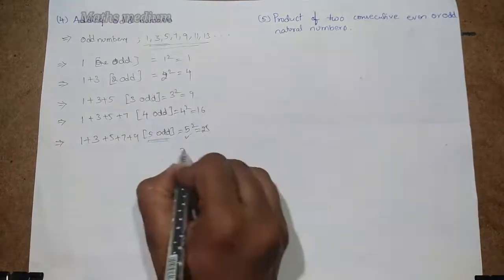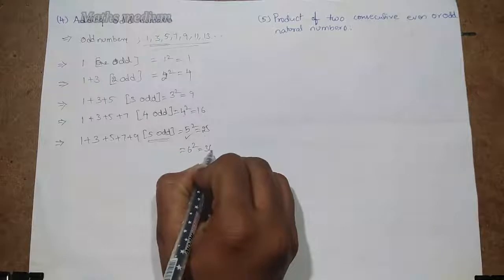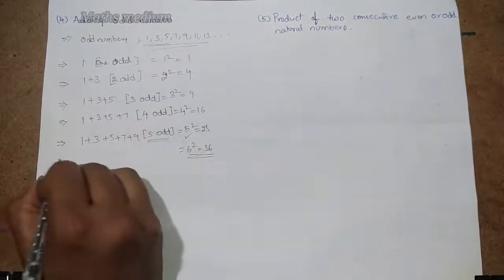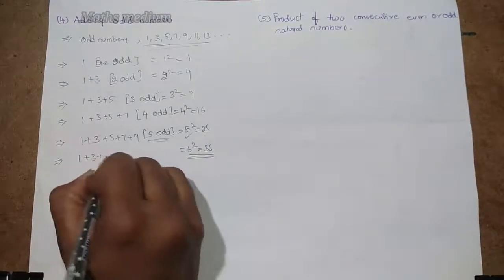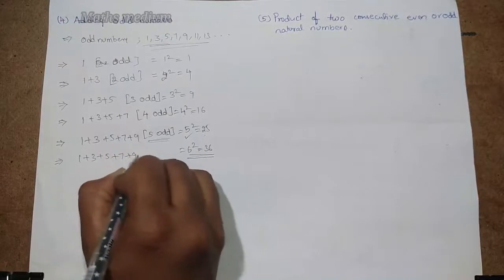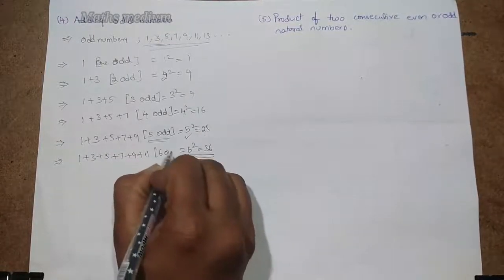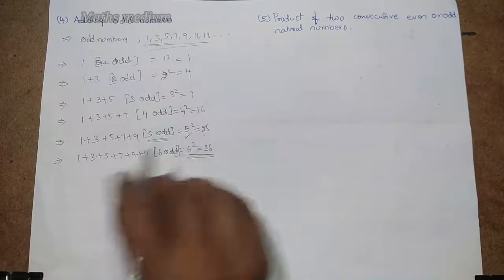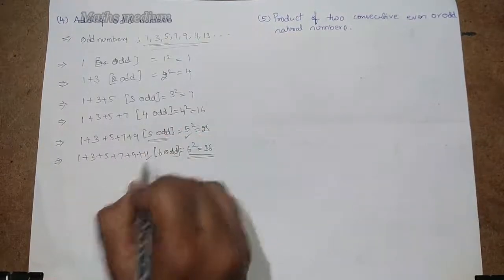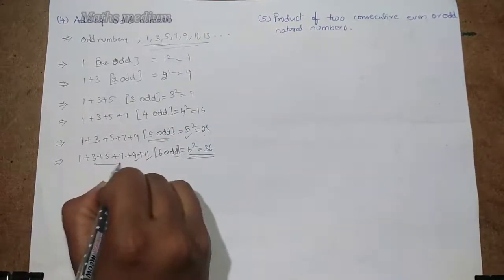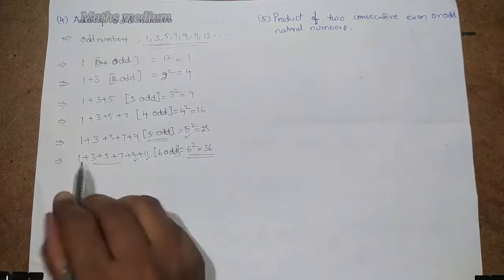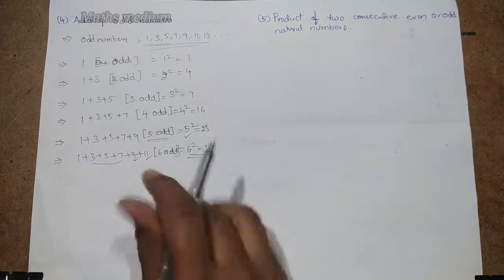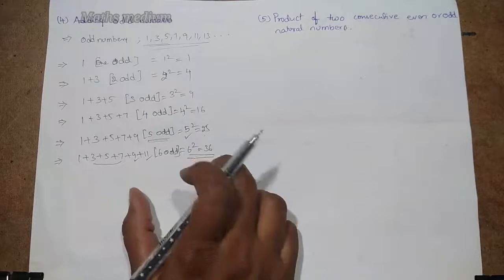If you take 6 odd numbers, it must be 36. Check it. 1 plus 3 plus 5 plus 7 plus 9 plus 11. It is 6 odd numbers. Obviously 6 square. But apart from this, 11 plus 9, 20. 20 plus 10, 30, 36. Is it right? So, this is the property of adding odd numbers.